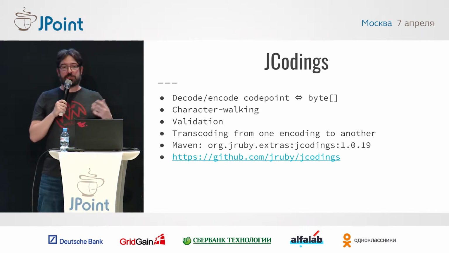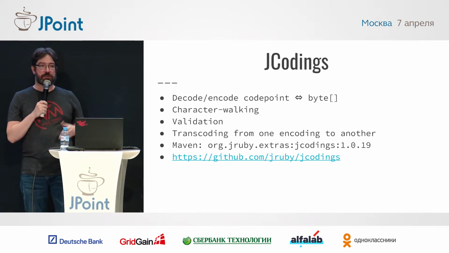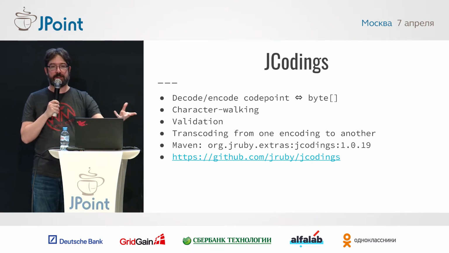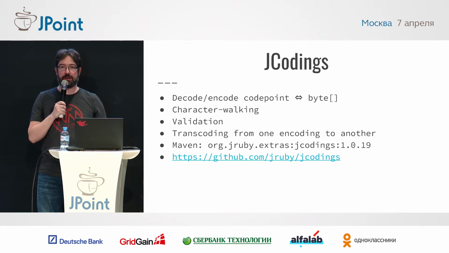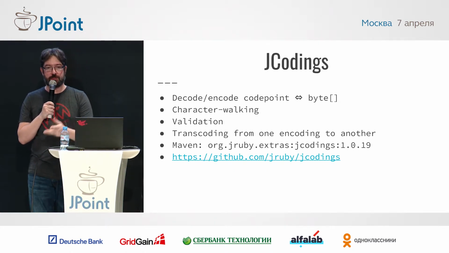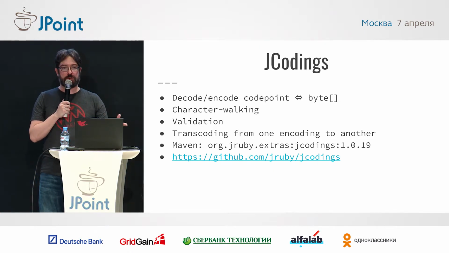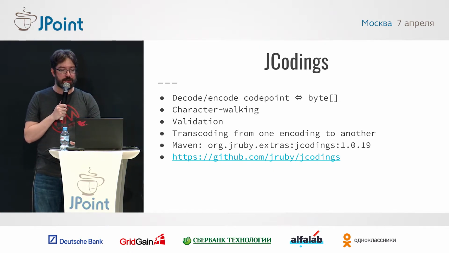So, allows you to decode and encode characters from one character set to another. And this is back and forth to a code point, a value, and then to a byte array, not having to force you into an intermediate form like a UTF-16 or UTF-32. You can work with characters in their original representations.